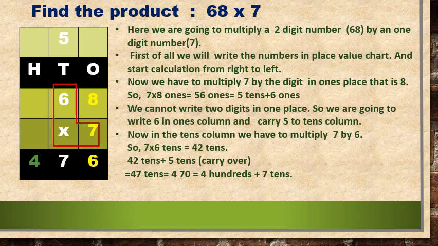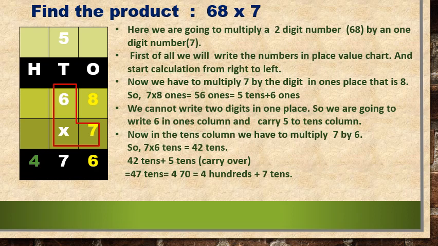Why this 5 tens? Because we have the carryover 5. So 42 tens plus 5 tens gives us 47 tens, which is equal to 470. Got it, girls?